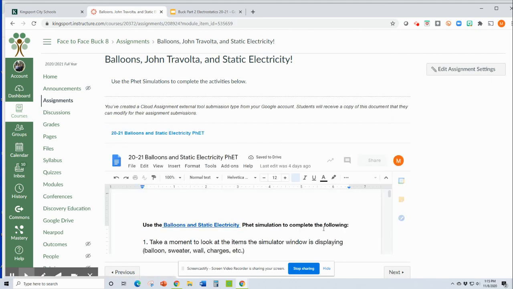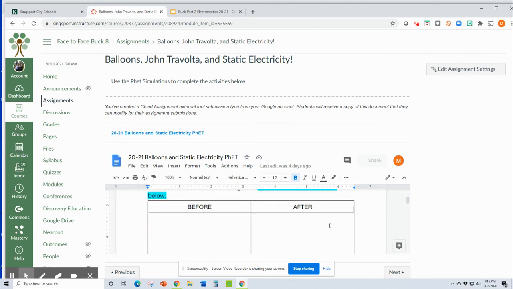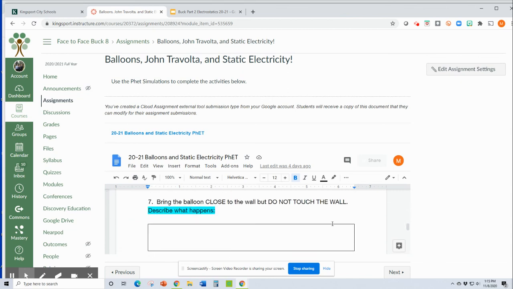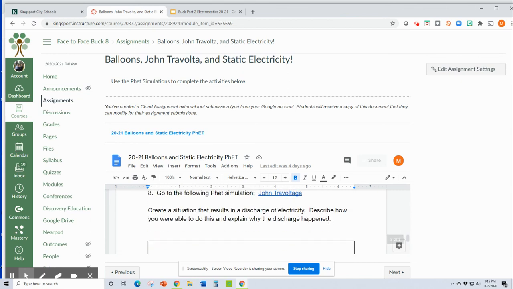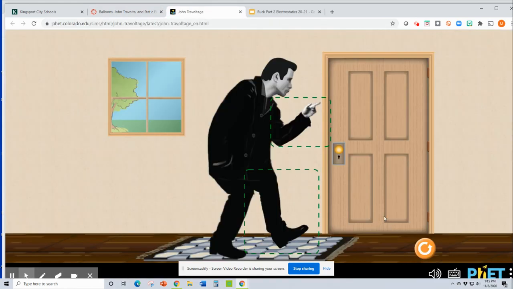So this is going to take you to that same simulation again that we just used, but we've got some questions for you. And then we have another simulation you will like. And this is called John Travoltage. Let me go ahead and pull it up because it's just pretty funny. Here he is. He is on the carpet.